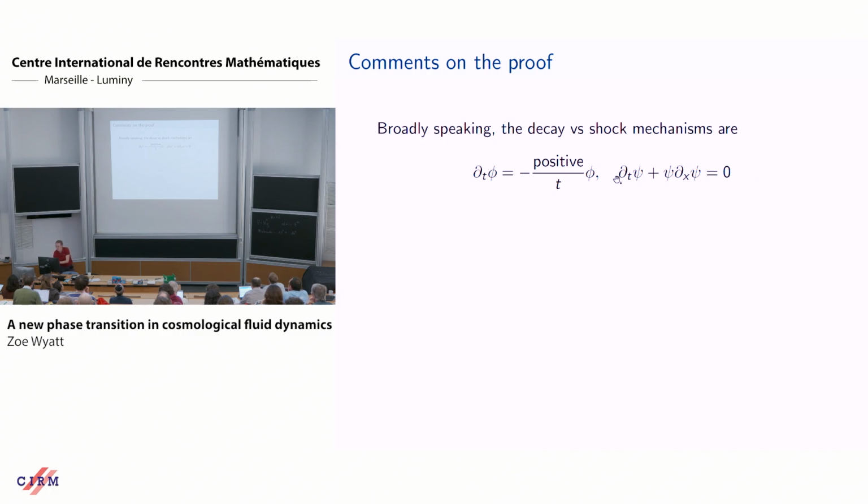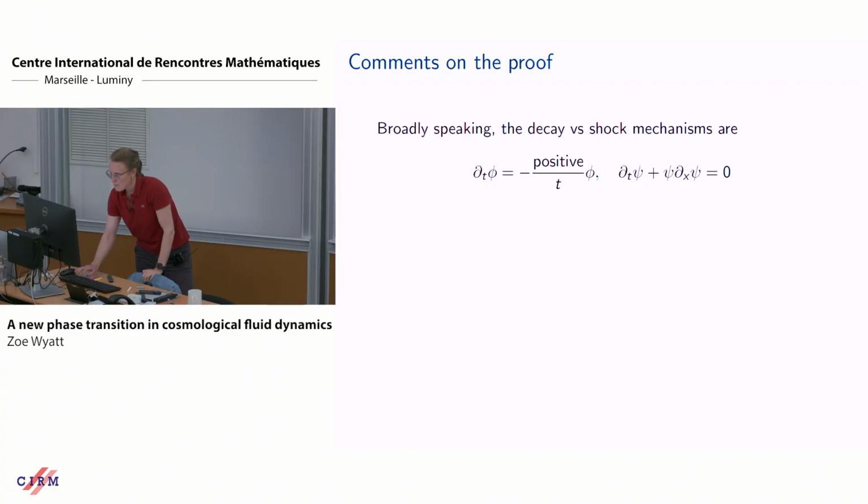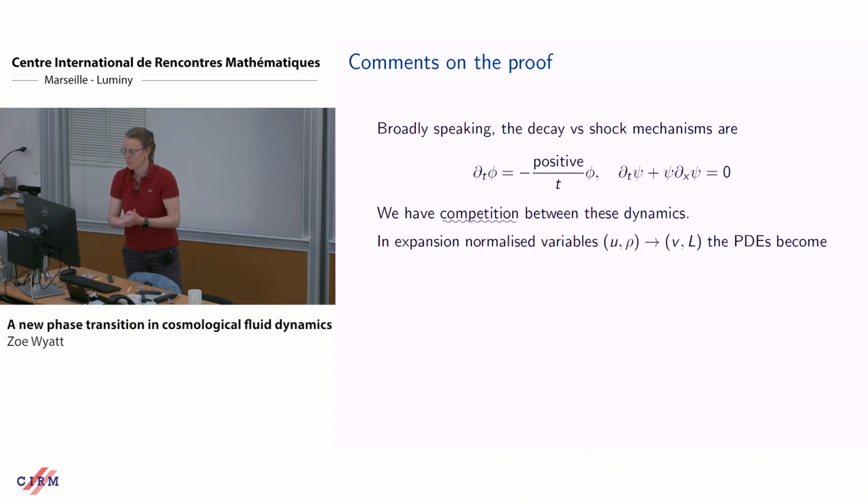You have the nonlinear Burgers equation, so we have dt psi plus psi dx psi. As I said, these are important quadratic nonlinearities that in fluid dynamics are the things that drive our shocks. And what we get in this setting is a competition between the two. So we have some kind of competition between these two effects.